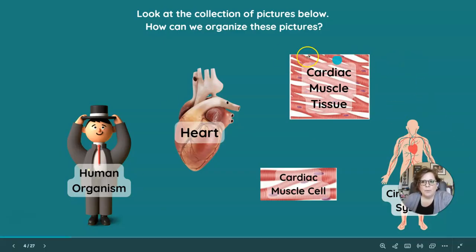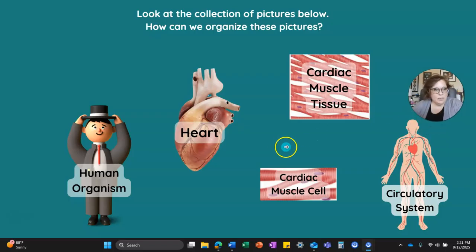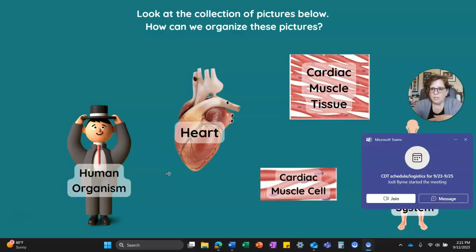Okay, so when we look at biology, we organize a ton of stuff in biology, right? Everything gets organized because it makes more sense when we can see the connections, we can see all that information. So here we have a bunch of different things, and we want to figure out how do we organize them. There's a couple ways you can organize them, right? We can organize them from most complex to least complex.